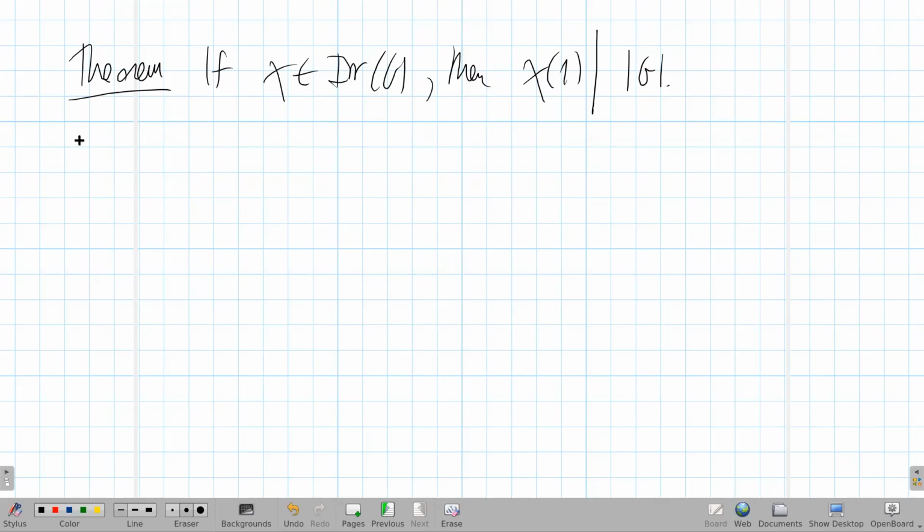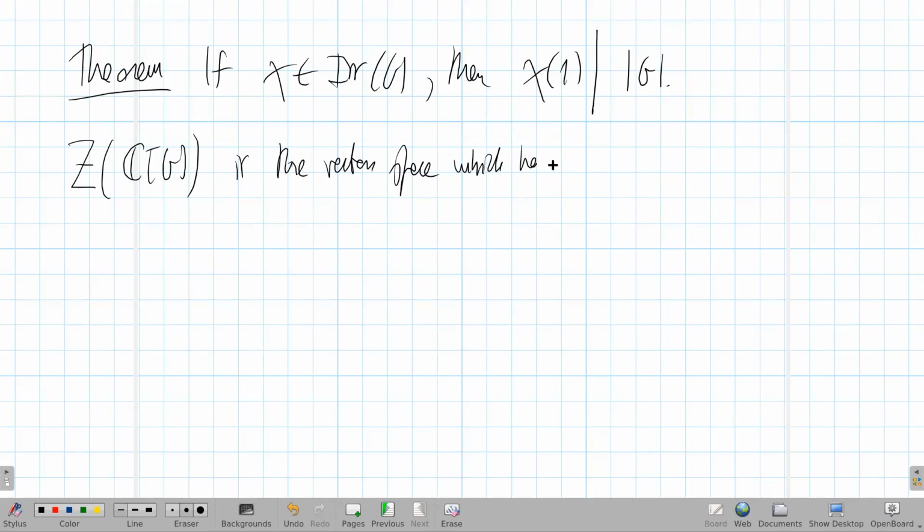So we know that the center of the complex group algebra, say, is the vector space, this is a ring and an algebra, which has as a basis the sums of the conjugacy classes.